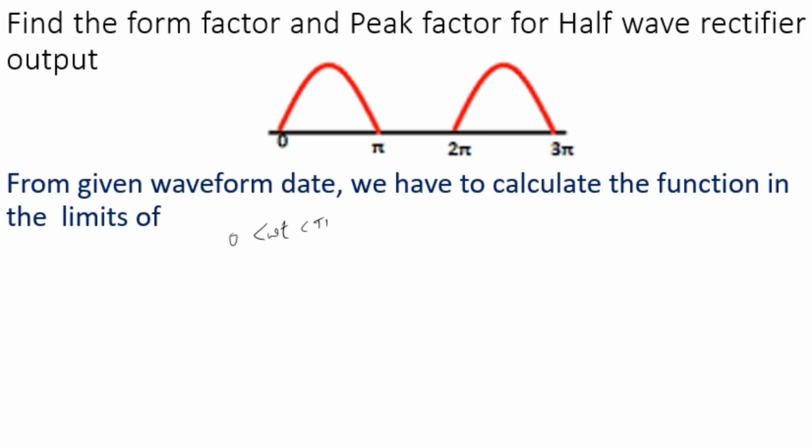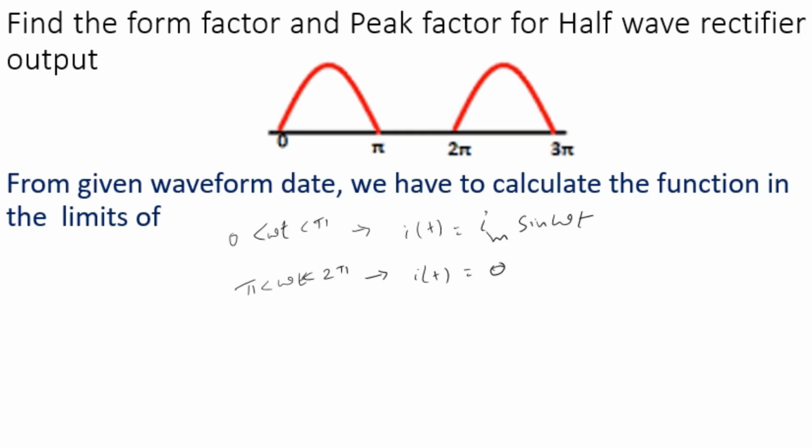The function is i of t equals Im sin omega t. From pi to 2 pi, the value is i of t equals 0. You can observe the waveform: it looks like a pure sinusoid from 0 to pi, whereas from pi to 2 pi its value is 0.